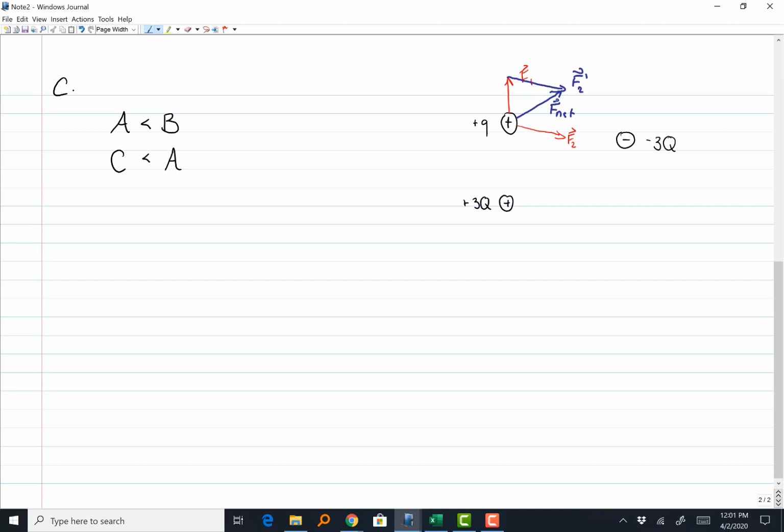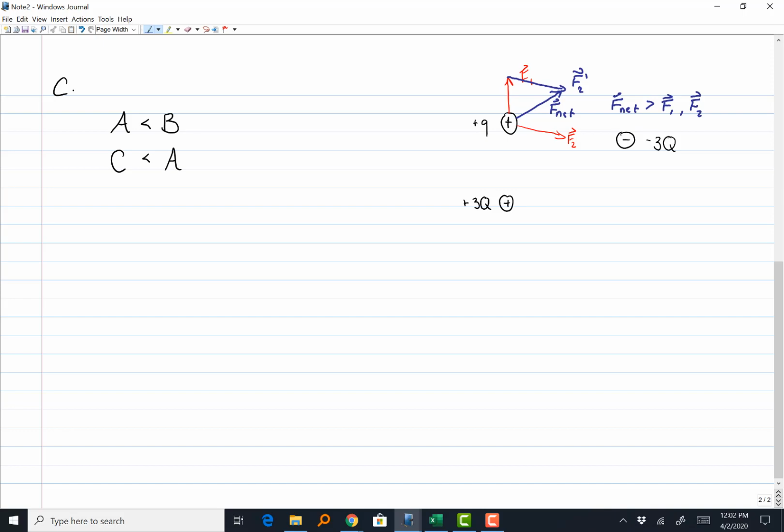Size is actually going to be roughly the same as the hypotenuse of this right triangle, so from here to here. And so what that tells us is that this F net in this case will be greater than F1 or F2 individually. The magnitude of that force will have to be larger than either of them alone.